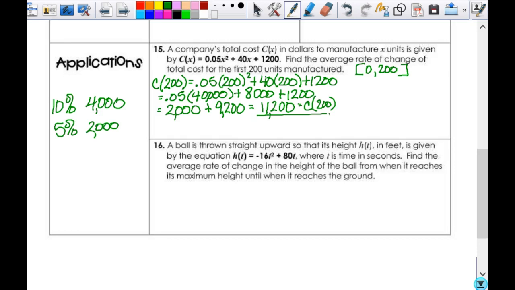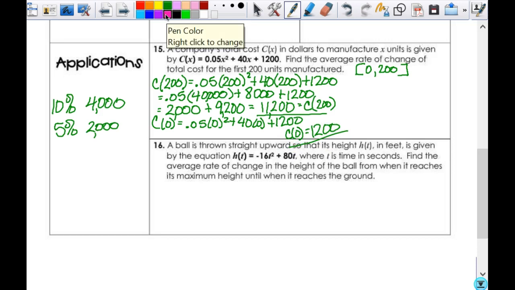Okay, so then I've got to find C of 0. That's going to be 0.05 times 0 squared plus 40 times 0 plus 1,200. So C of 0 equals what? 1,200. So now I have to find that average rate of change.